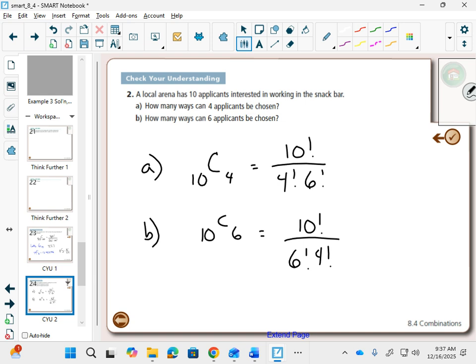Does that make sense? So you're going to get questions that are going to look like this. 12, choose x minus 2. Okay? 12, choose x minus 2 is the same as 12, choose x. What's x?